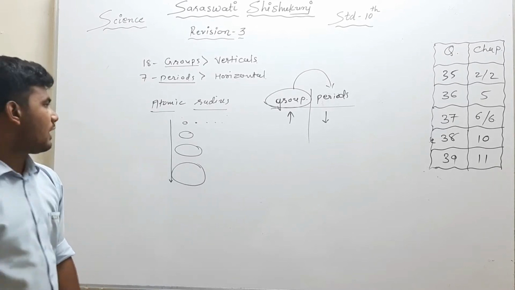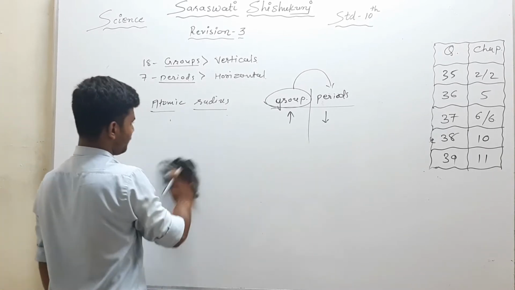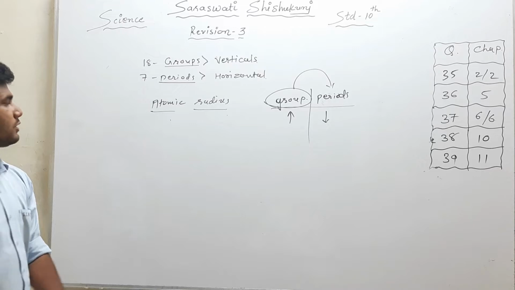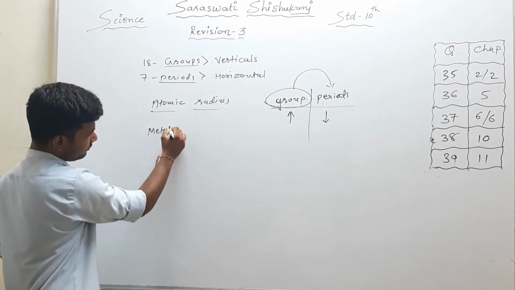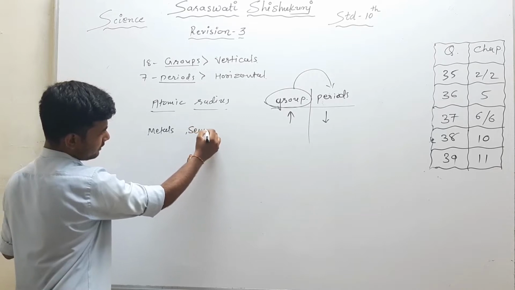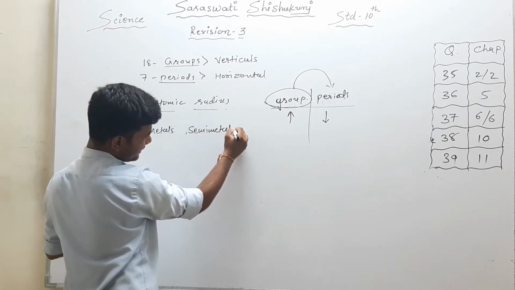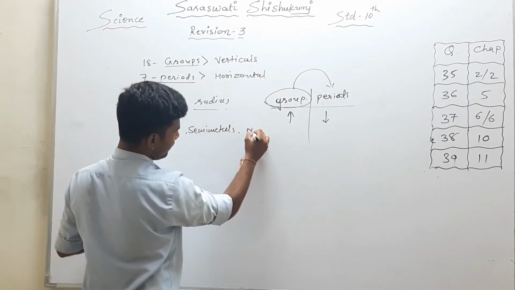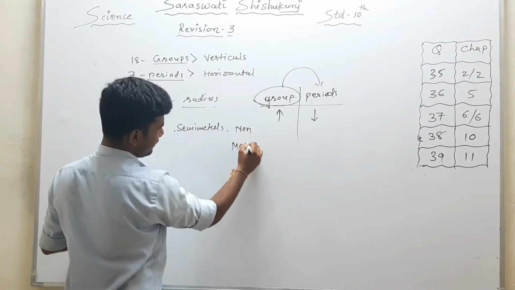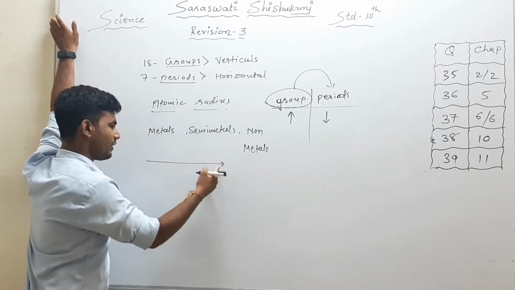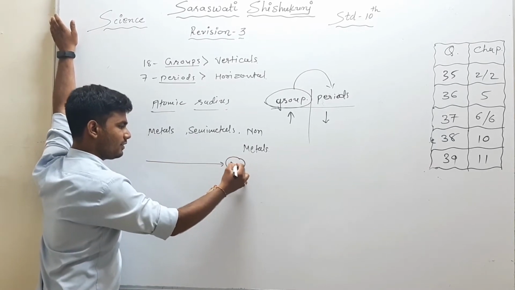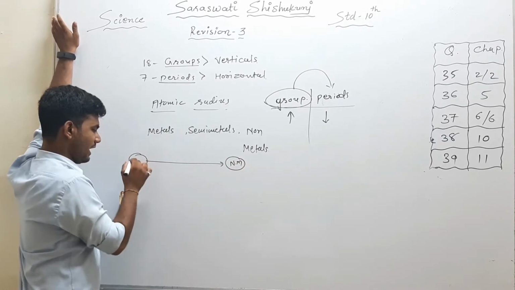Okay, we can also talk about metallic properties. So beta, we also know that according to metallic properties, we have metals, semi-metals or metalloids, and we also have non-metals. Now, as we know, as we move from left to right, here are non-metals and generally here are metals.